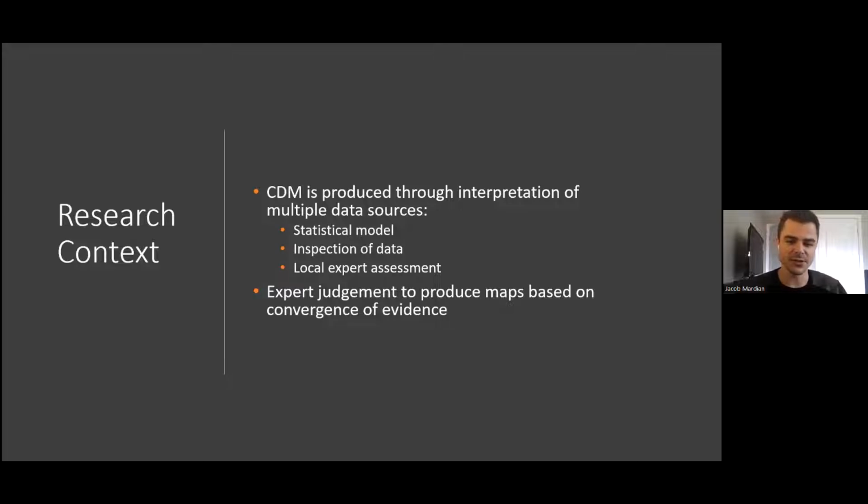And then they use their expert judgment to produce these maps based on different sources of evidence. Now, this is quite a robust approach. This is used in the United States and Mexico as well. However, this human component, this reliance on expertise, can make it difficult to understand the drought monitor, or, for example, why a certain category may have been assigned.